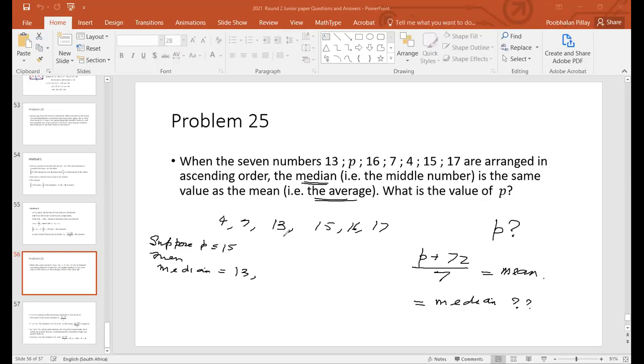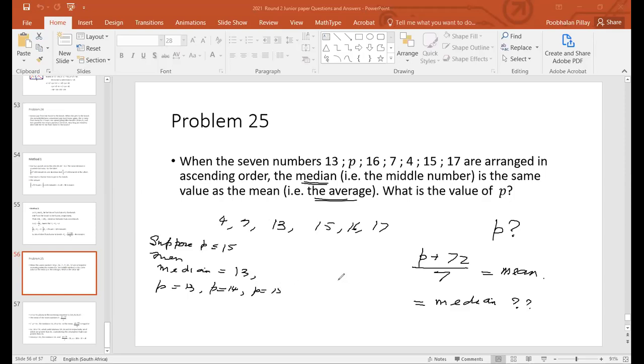So whatever the case may be, if P is less than or equal to 15, P equals 13, it could be 14. And if P was equal to 15, then it will be equal to 15.